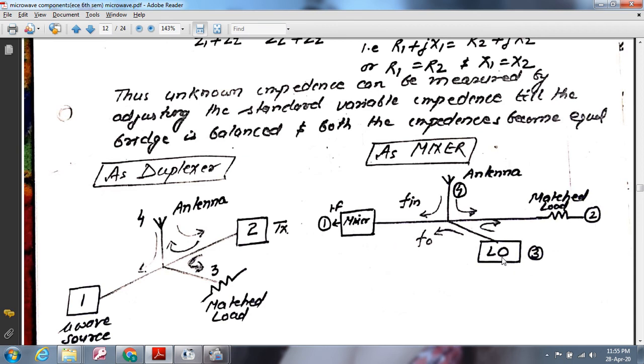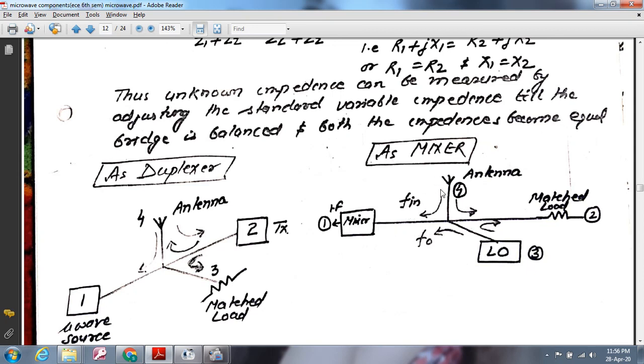So from this local oscillator we are going to see F0 frequency going towards the mixer and some part towards the match load. The signal going toward this match load will be totally absorbed by this load, so there will be no reflection. So some part is going toward this mixer stage.